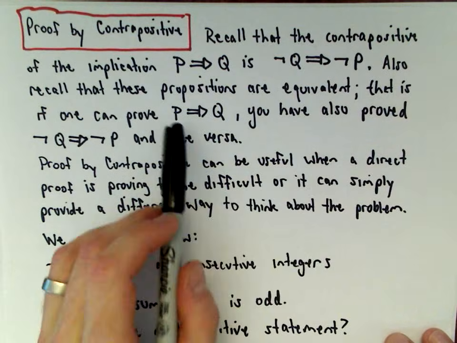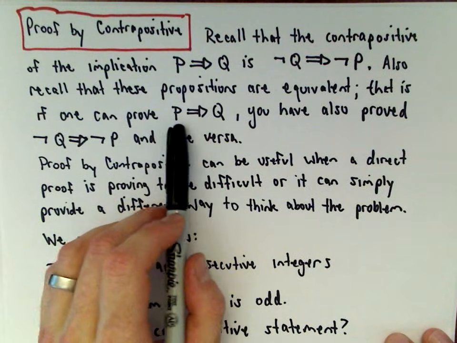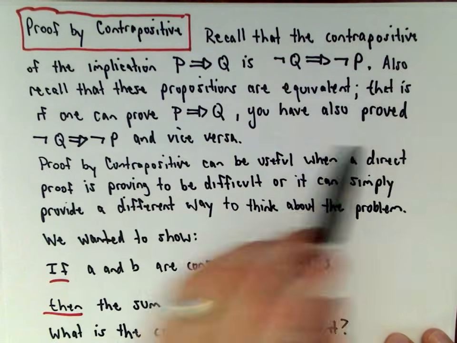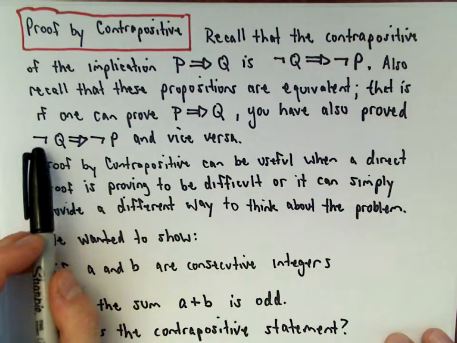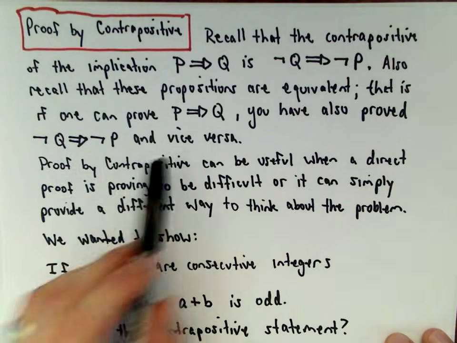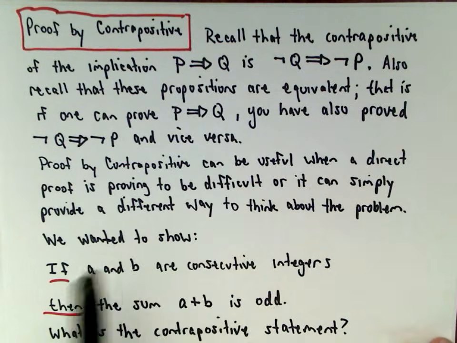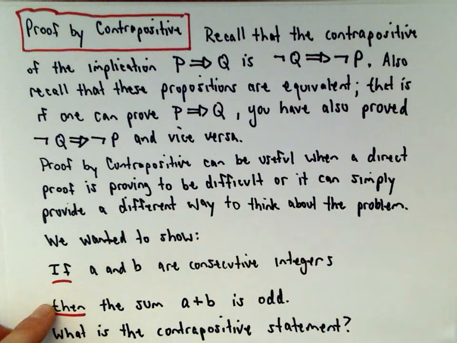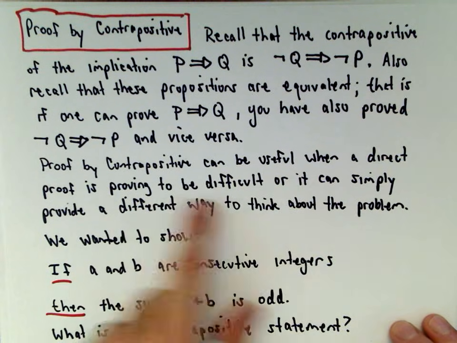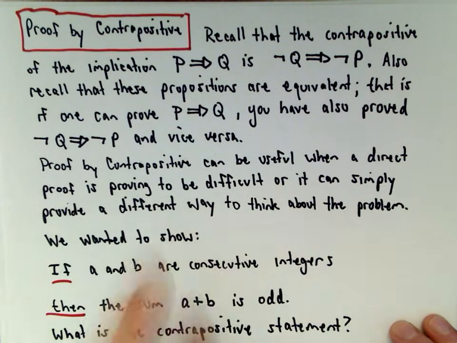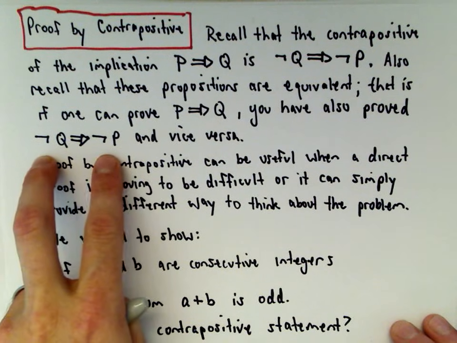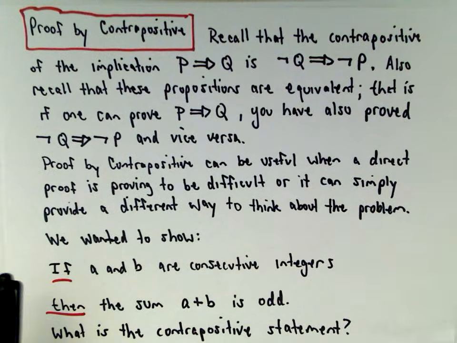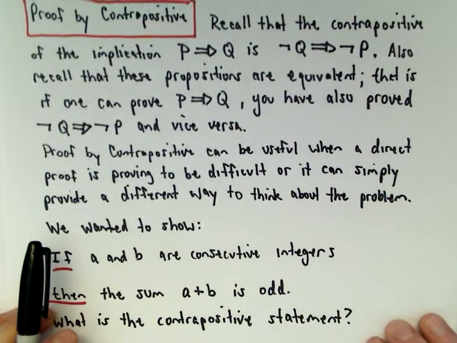What that means is that if you can prove the implication if P then Q, you've also proved the implication if not Q then not P, and vice versa. So just as I've got written here, proof by contrapositive can be useful when a direct proof is a little bit difficult, or by flipping the statement around a little bit, it gives you a different way to think about the problem.